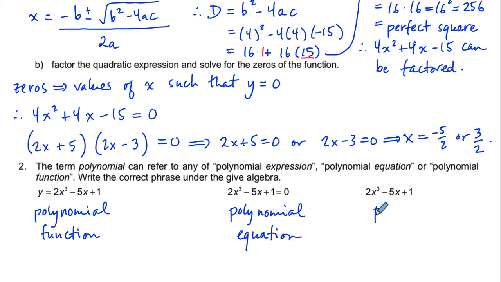In the third case, we have the same terms of the polynomial, but this is simply an expression. To be clear, any one of these three might be expressed as a polynomial, but they are specifically a polynomial function, equation, and expression.